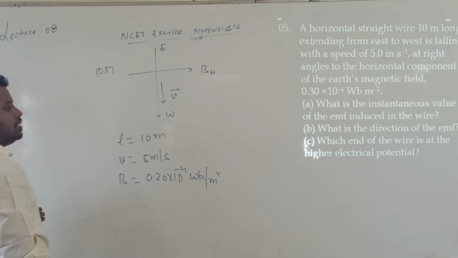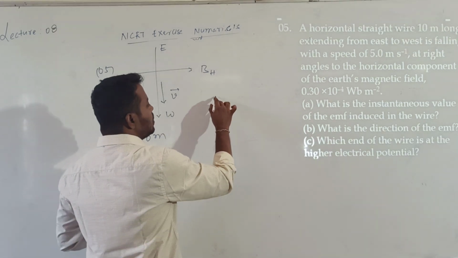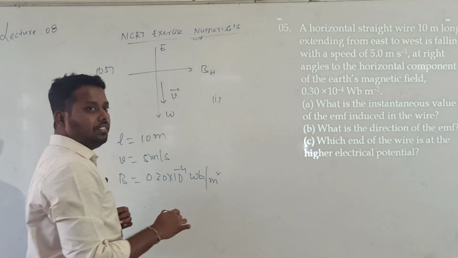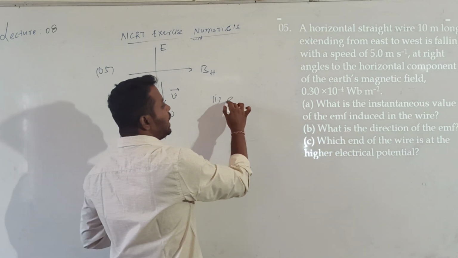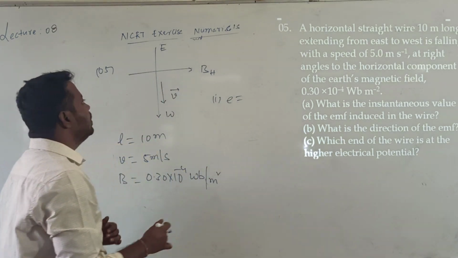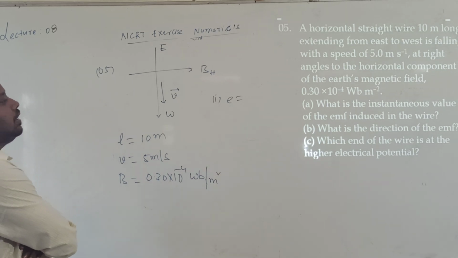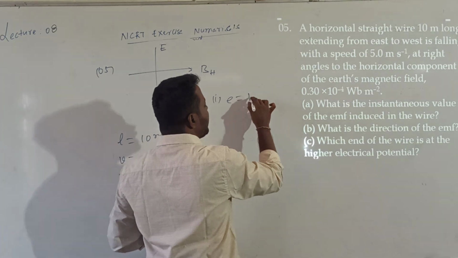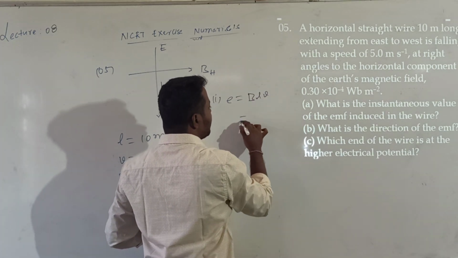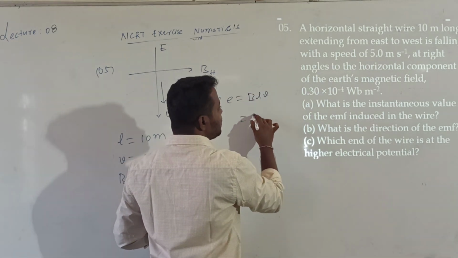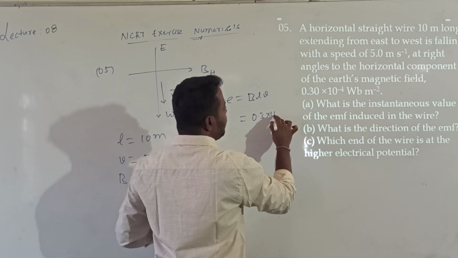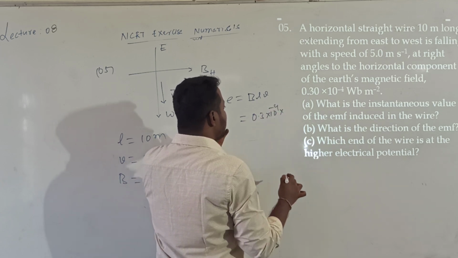Now what they are asking us to calculate in the first question is the induced EMF. The induced EMF is given by E equal to B into L into V. So what is the value of B? 0.3 into 10 power minus 4 into L value.